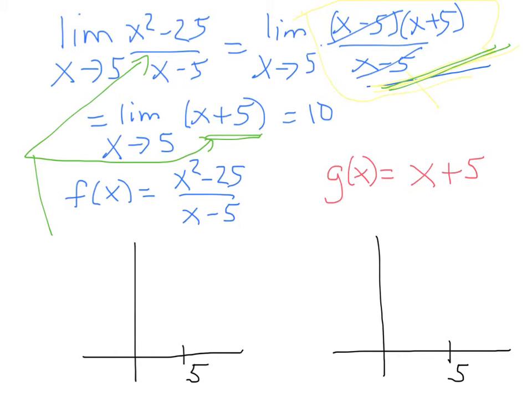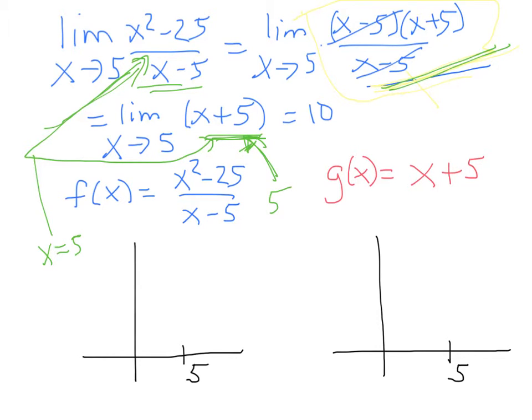They are almost identical, except at the point x equals 5, where they are different. In the first one, I can't put in 5 because I'd have division by 0. On this function right here, I can put in 5 and I get 10.